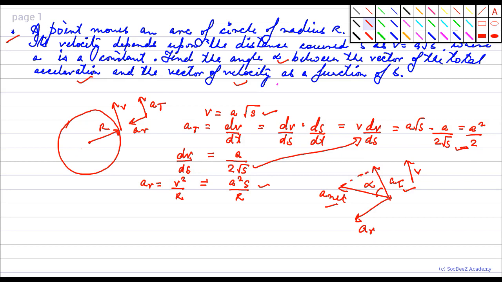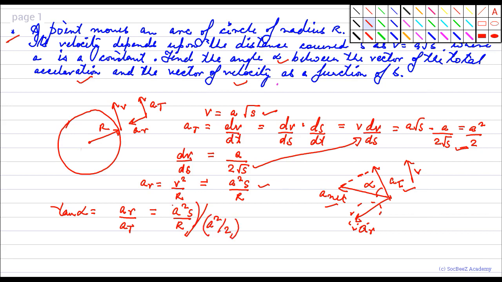So if I move this particular vector parallelly, I can move it here. So tan of alpha now can be written as ar by at. If I put in the value of ar as a square s by r and at as a square by 2, this expression turns out to be 2s by r.